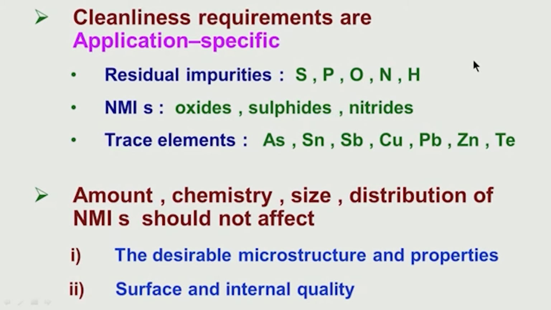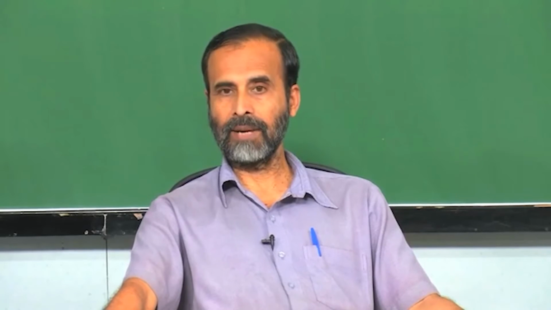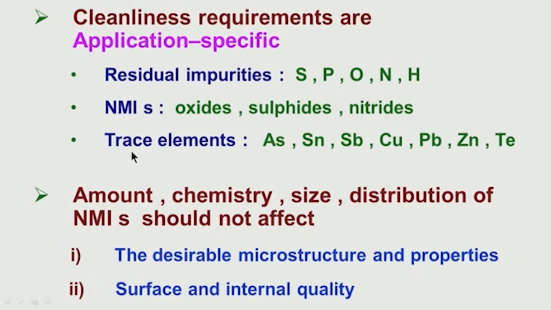Another important cleanliness issue which might crop up in steel, and which in recent cases is being found out in steels, is the presence of trace elements like arsenic, tin, antimony, copper, lead, zinc, tellurium, elements like this, which are metallic elements but present in traces only.